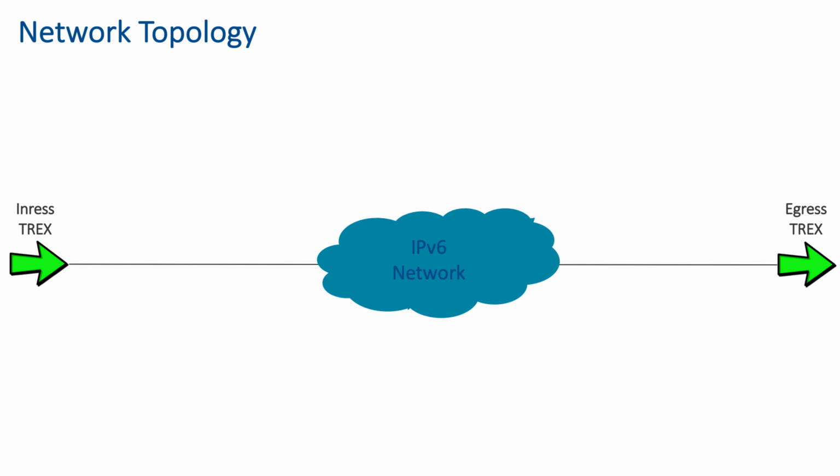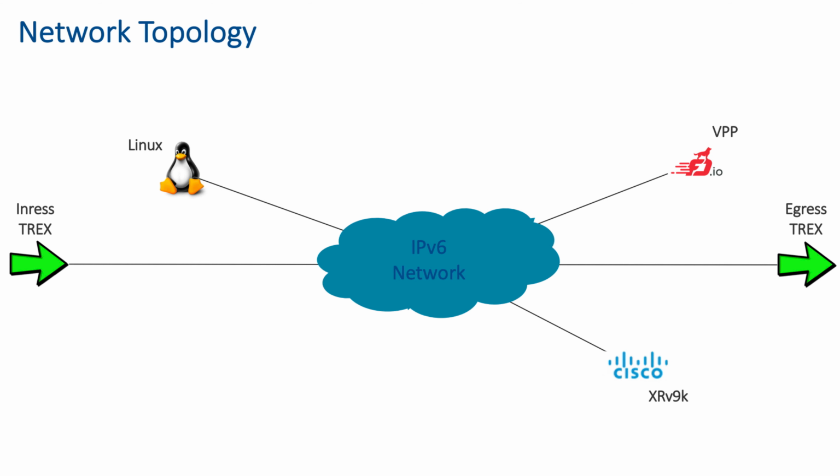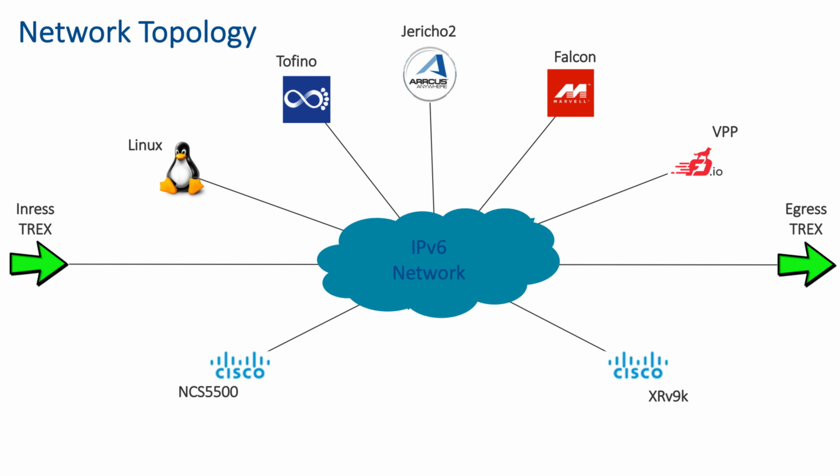Then we have several microSID implementations connected to the network. We have three different software implementations. The first two, Linux kernel and VPP, are open source. Then we have Cisco SRv9K, which is iOS XR virtual router. Next, we have several merchant silicon implementations.